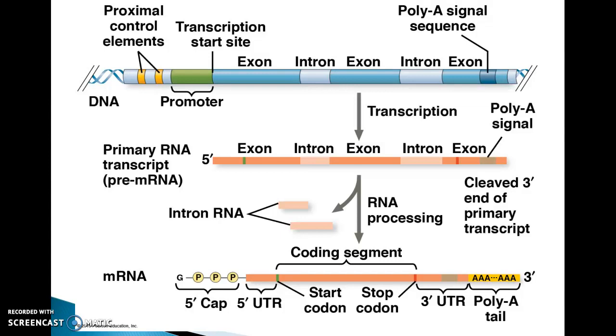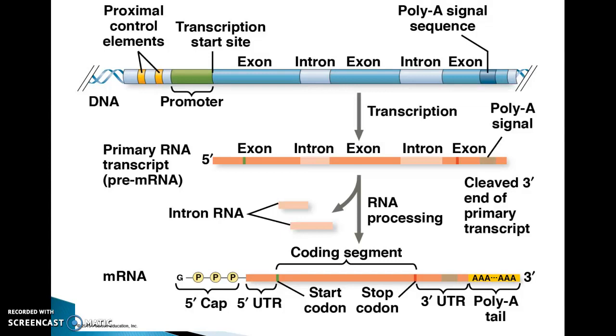The exons get put together to form a final version of mRNA. Once we have all the exons put together, a 5' cap is going to be added, and then a poly-A tail is also going to be added.